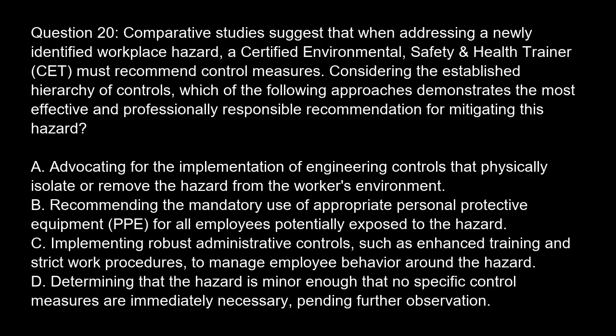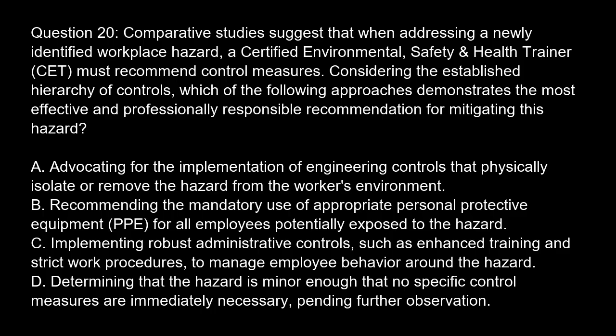Question 20. Comparative studies suggest that when addressing a newly identified workplace hazard, a certified environmental, safety, and health trainer, CET, must recommend control measures. Considering the established hierarchy of controls, which of the following approaches demonstrates the most effective and professionally responsible recommendation for mitigating this hazard? Option A. Advocating for the implementation of engineering controls that physically isolate or remove the hazard from the worker's environment.